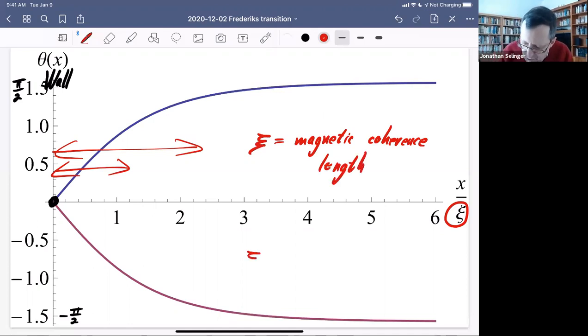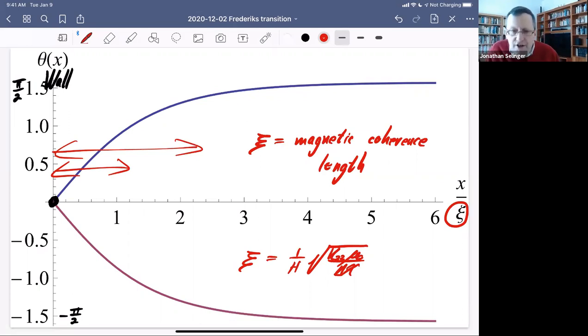And you remember the equation that we came up with for xi is like this, that it has a magnetic field in the denominator and K22 mu naught over delta chi inside the square root. Okay, so let's try to interpret the dependence on these different parameters. The magnetic field is in the denominator.